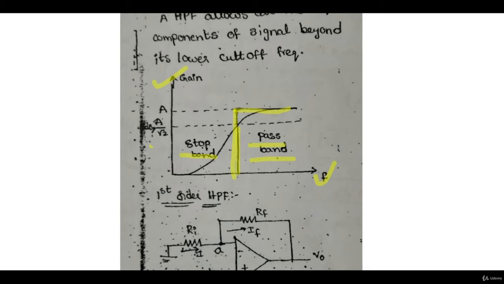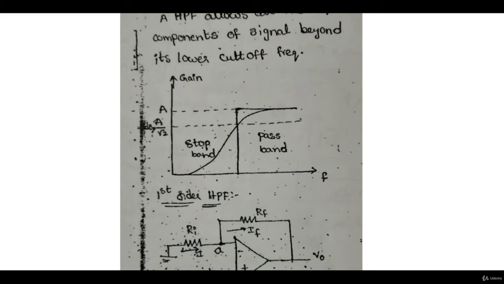Okay, and the other one, that is this one, is the lower order characteristic. As you increase the order of the filter, the more sharp transition it will give. It will provide a gain of A to the signal which is passing through, and for what will not pass, it will provide zero gain.